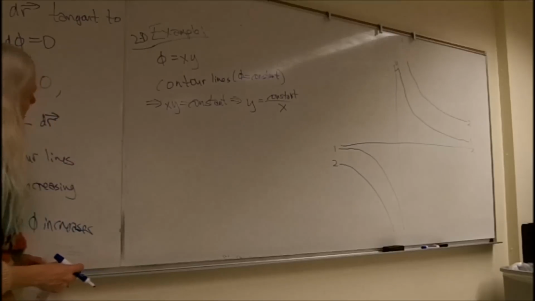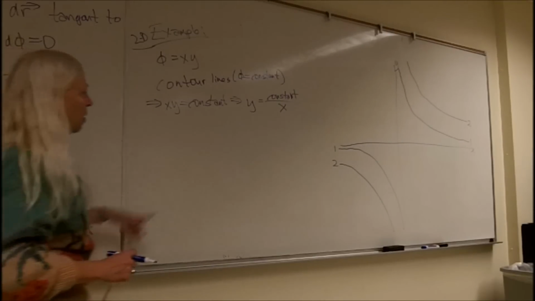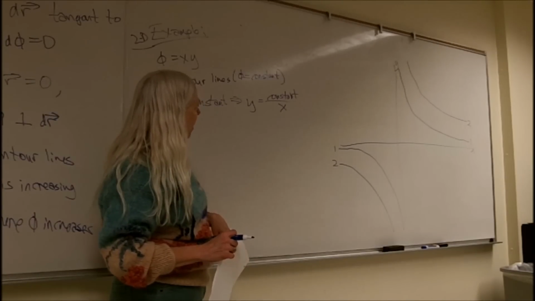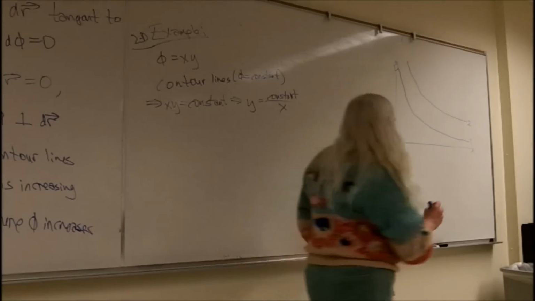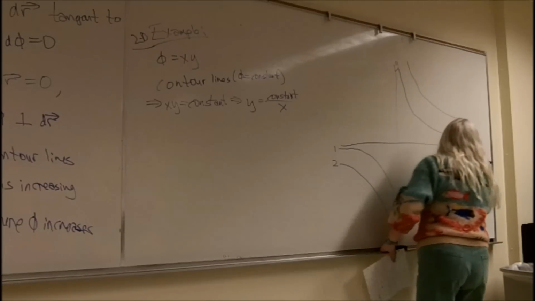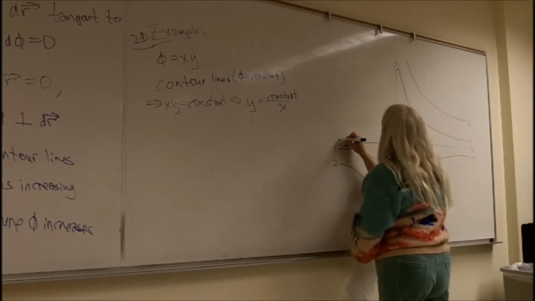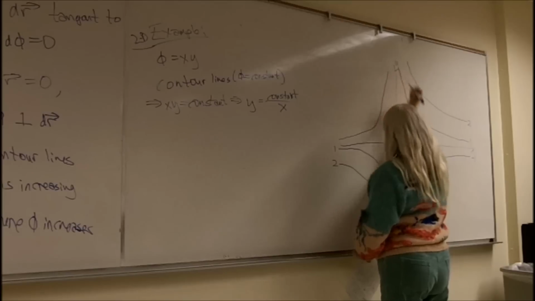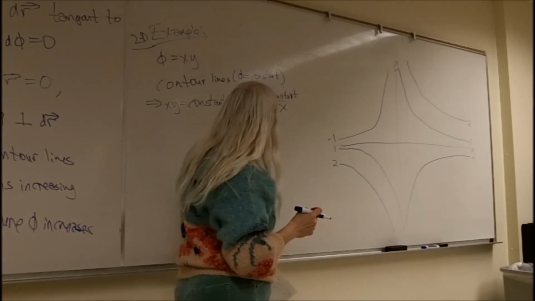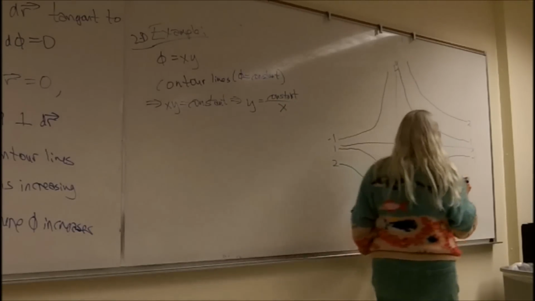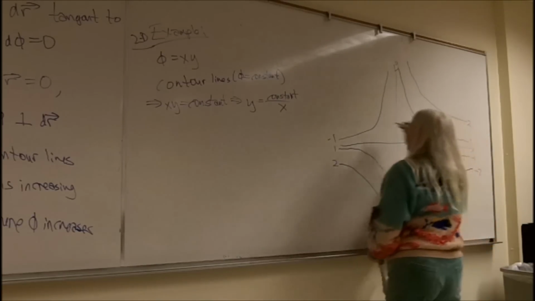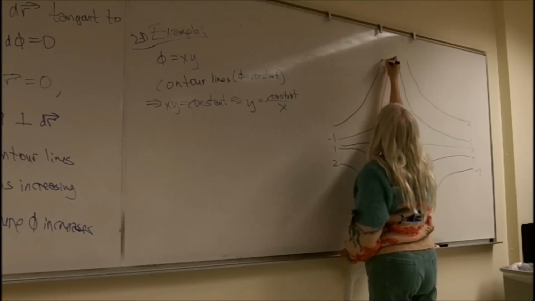There's no rule that the constant necessarily has to be a positive number. What if the constant were equal to minus 1? Then I'd be drawing a graph of y equals minus 1 over x. That would have a branch like this over here, and like this over here. If the constant were equal to minus 2, and I draw y equals minus 2 over x, that would have a piece like that and a piece like this.